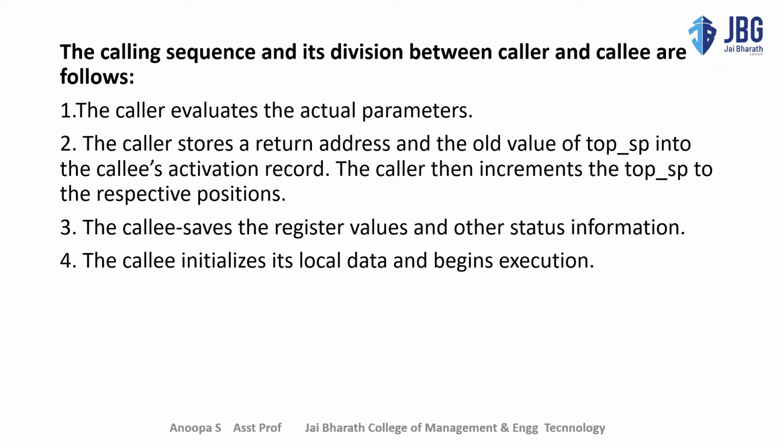Then the callee will save the register values and other status information, and the callee will initialize its local data and begin execution. Why is it initializing local data? Because when we call a function, a copy of the variable will be created locally by the function, and all the values will be computed in the local variables. So that is why it initializes the local data and begins execution.